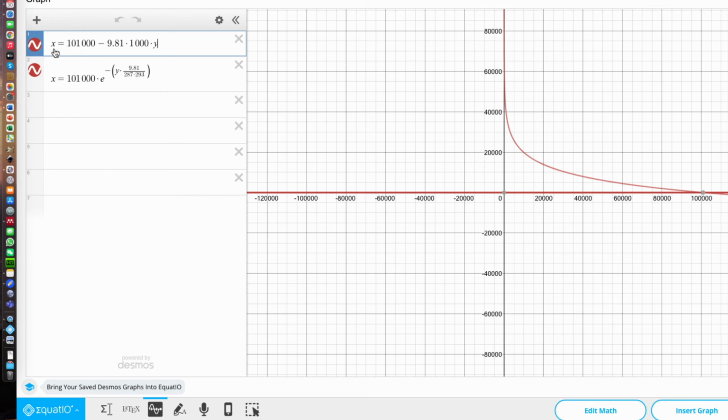So the absolute pressure is pressure at sea level, 101 kilopascals, minus 9.8 acceleration due to gravity, density of water, times the depth, y. It needs to use y instead of z.